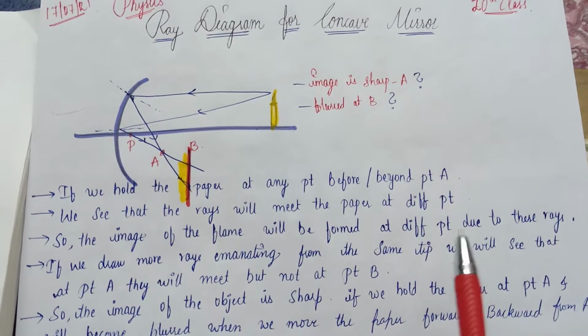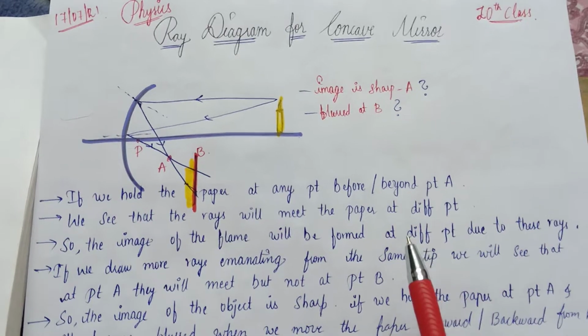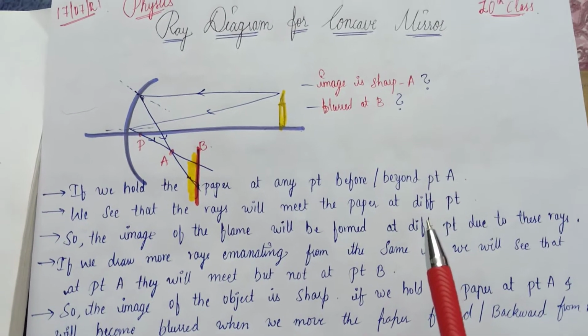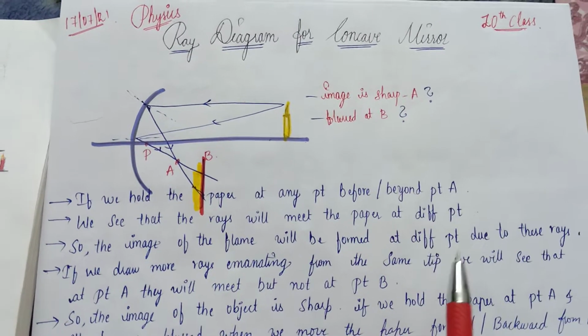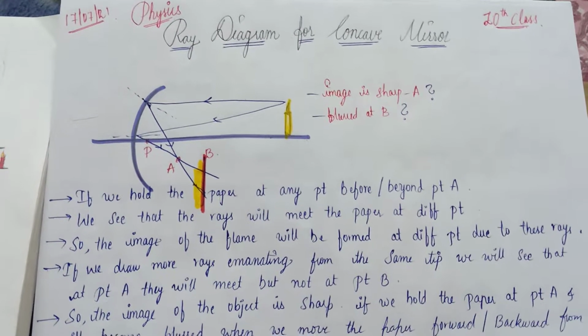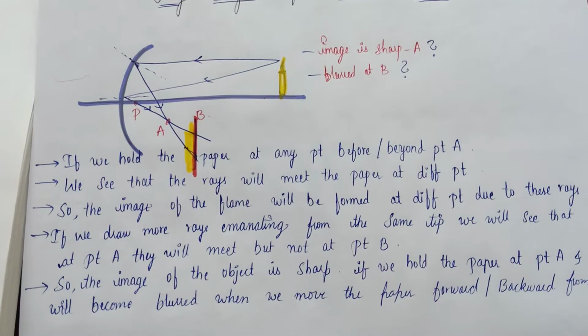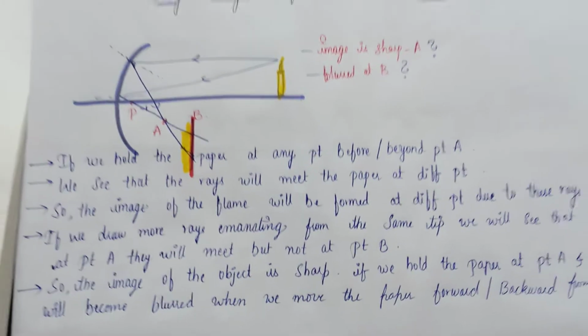And what is our lesson name, students? Don't get confused. Our lesson name is reflection of light at a curved surface. Now let's get started.